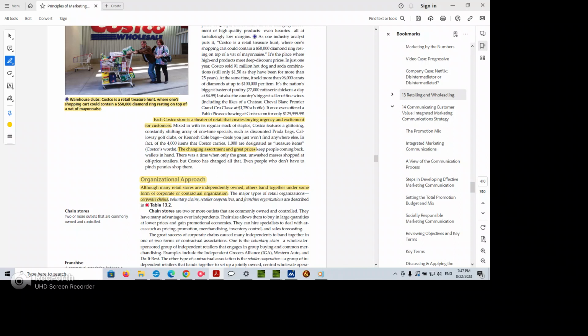Major types of retail organizations include corporate chains, voluntary chains, and franchise corporations.